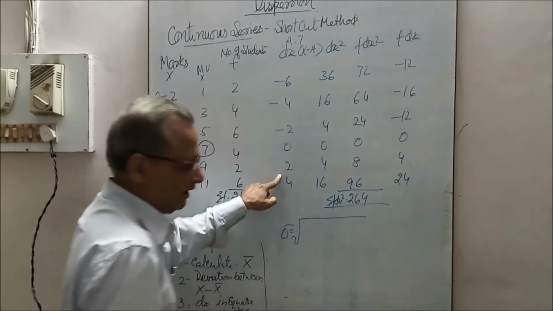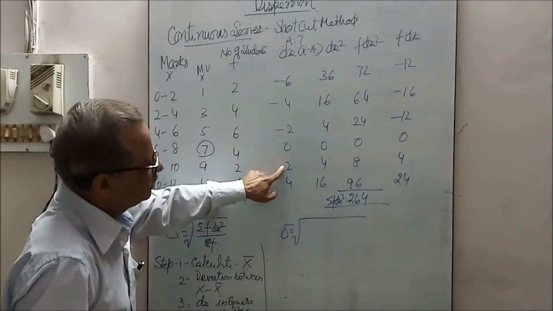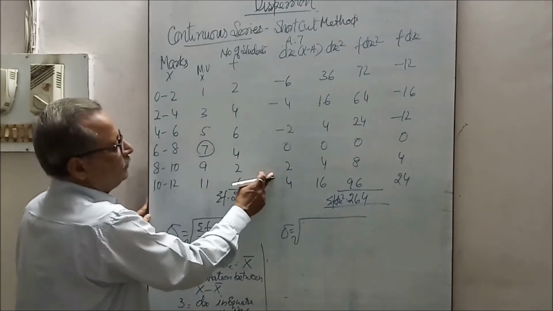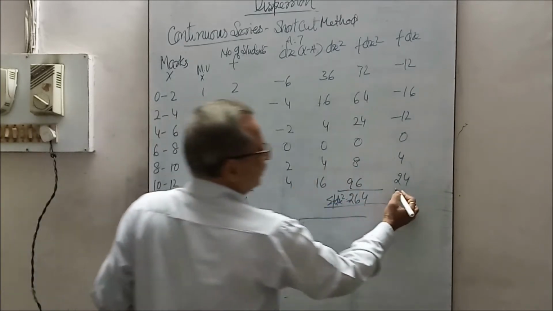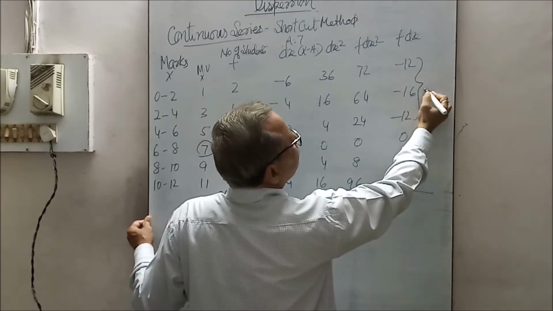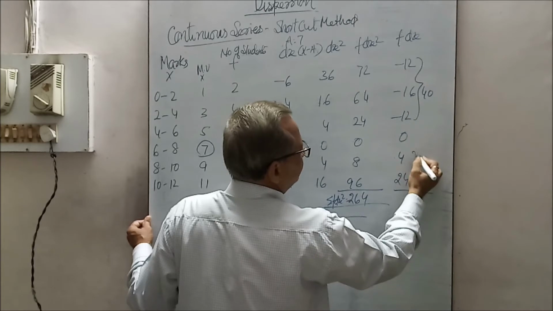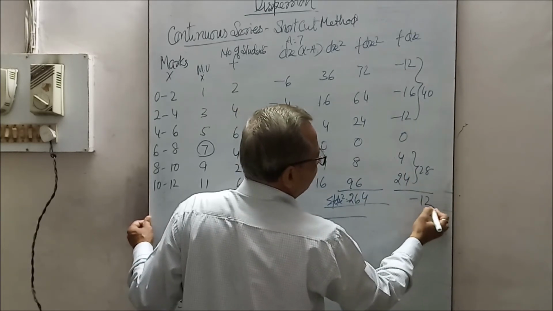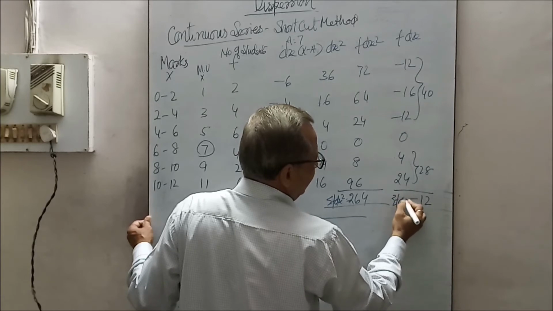This was the minus I have written. Now this is in the plus item, that is not the minus, 24. Now total it. These minus 40, plus 28, equal to minus 12. F dx.